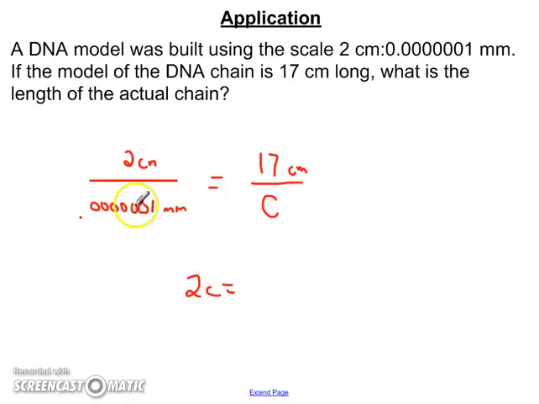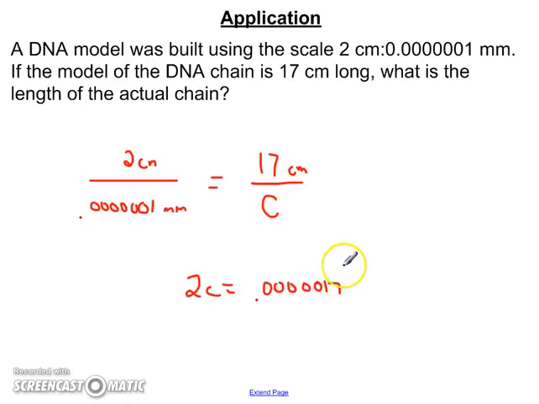Yeah, 10 millionths. So 17 times our ten-millionth is 0.0000017.